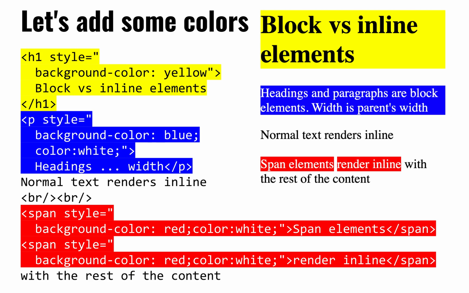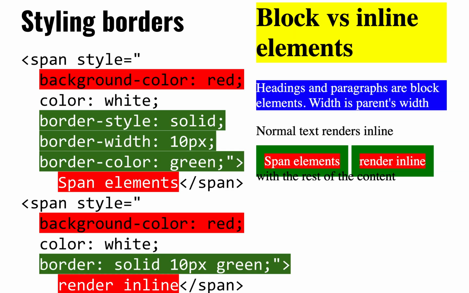Let's go in and start playing around with height and padding and so on and so forth and borders. All right, let's take a look at this. So first, let's play around with borders. Notice that we've taken both spans, the ones at the bottom and the top one, meaning the span here on the left. Maybe I should have color coded them.